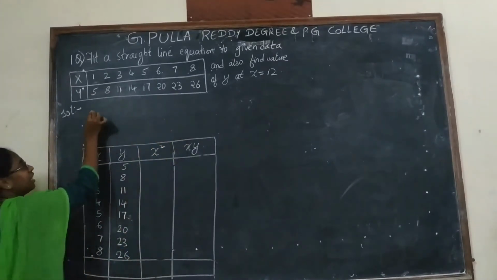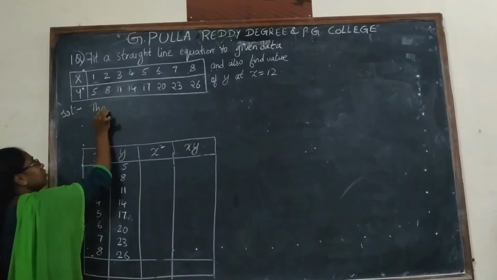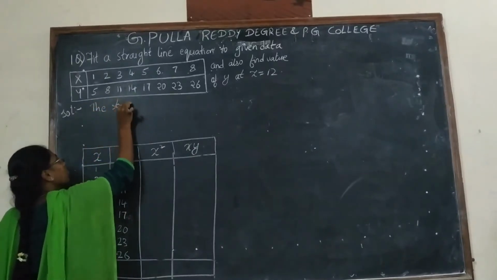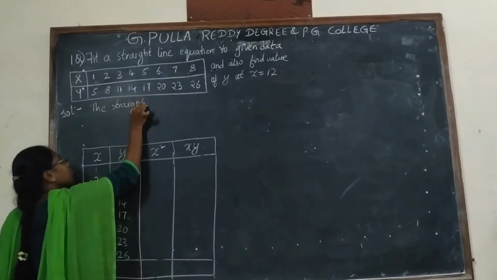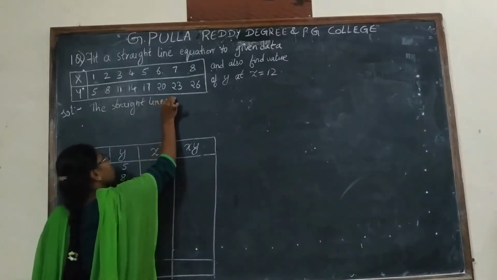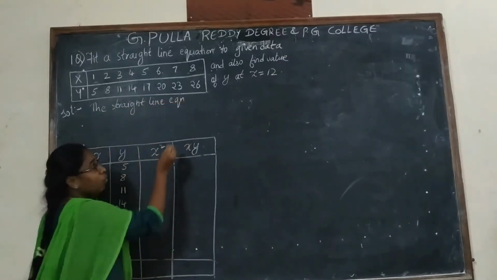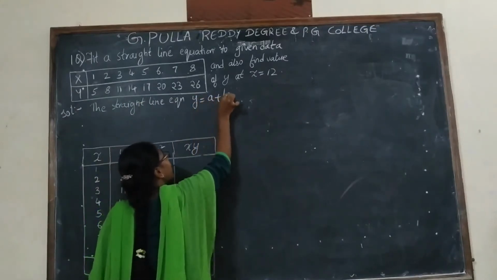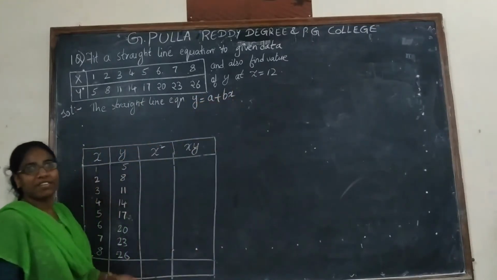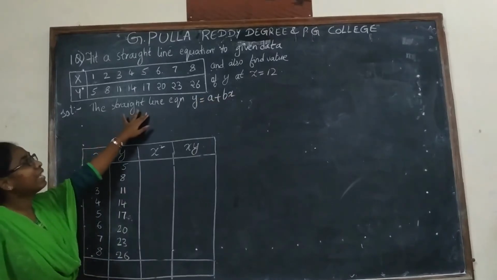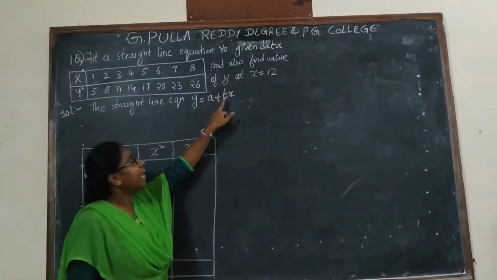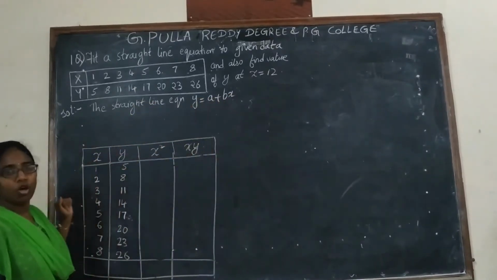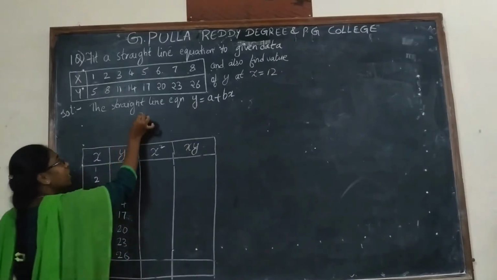First write down the straight line equation. So what is the straight line equation? y equals a plus bx. So this is the required straight line equation. For estimating our a and b values, we need two normal equations. What are those normal equations?